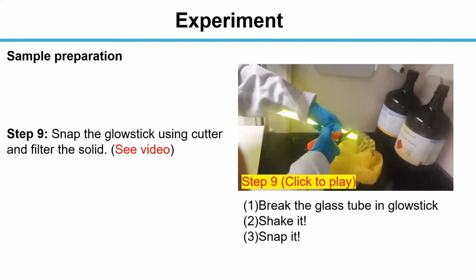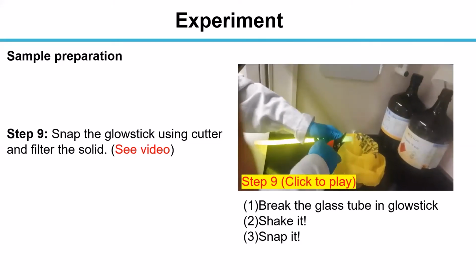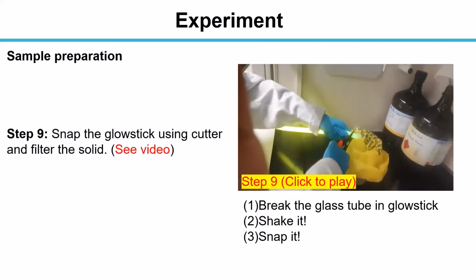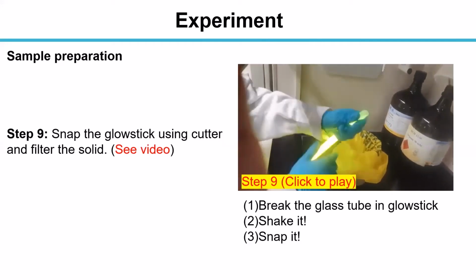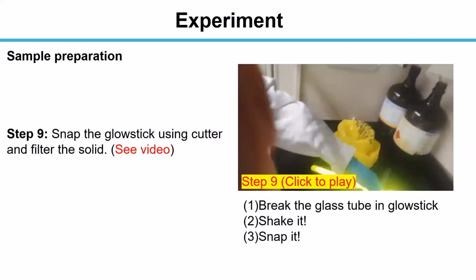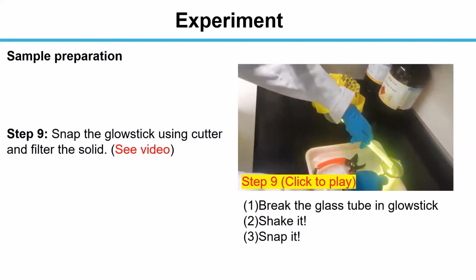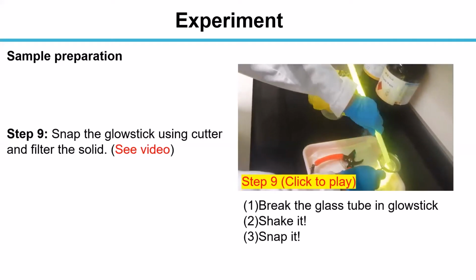Then we use the scissors to cut it. You know, inside the glow stick, it has some small glass pieces, so it's a little bit dangerous. So the demonstrator will help you in the lab.